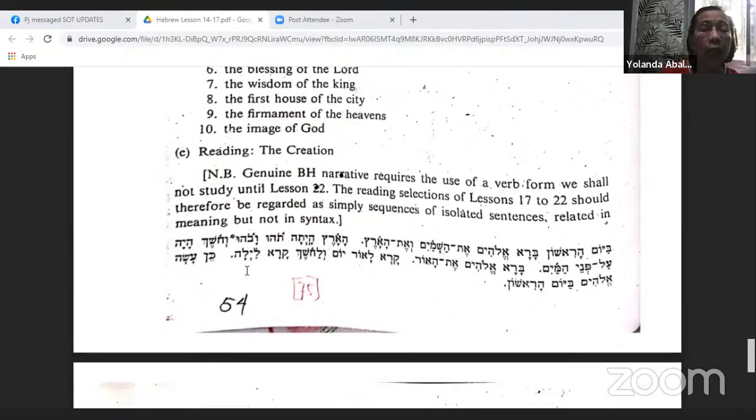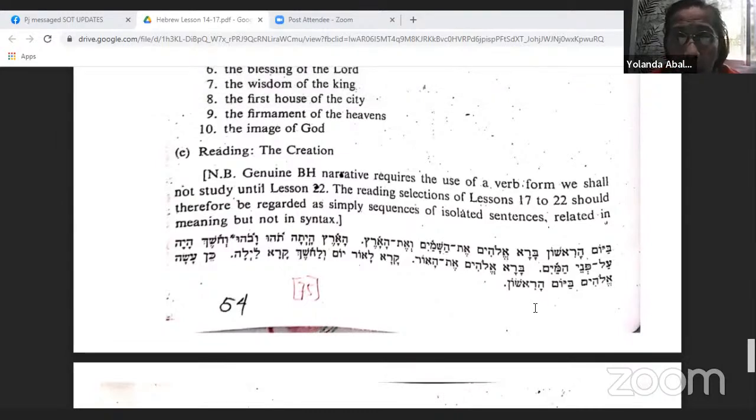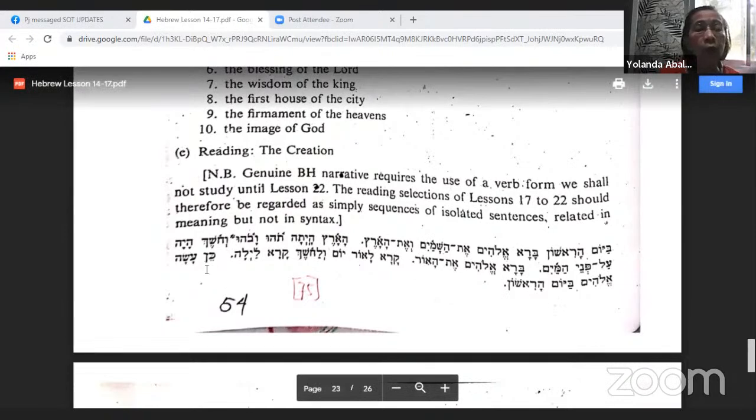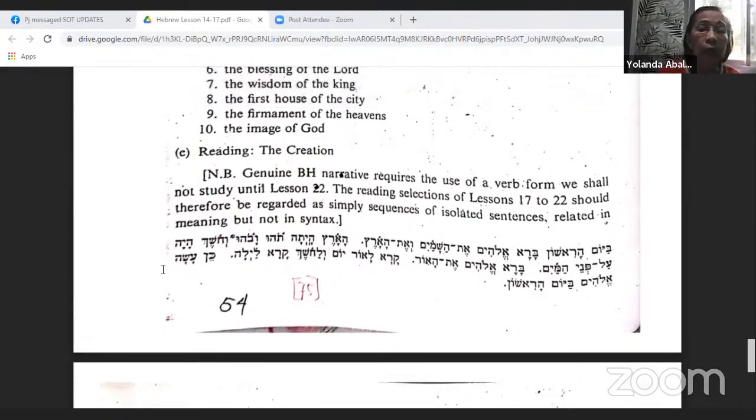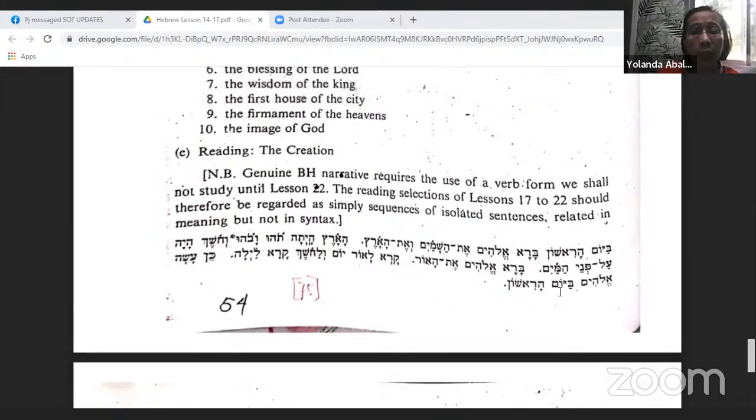Okay, period there. Ken asa Elohim bayom harishon. Okay, Ken. So asa, he made, Elohim God, bayom, the day, harishon, the second.